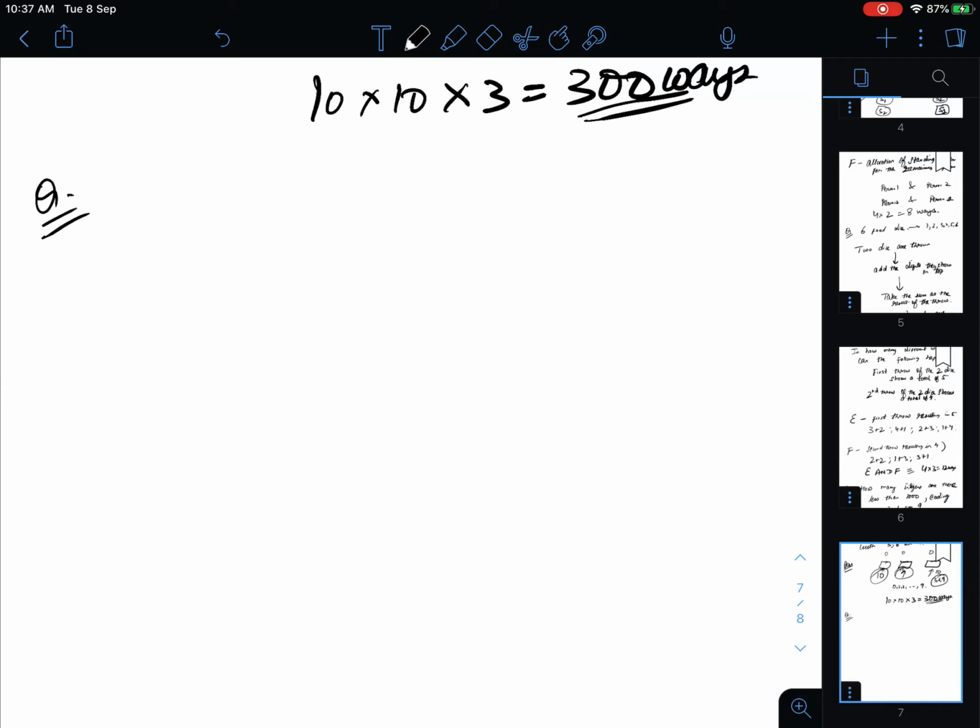Now, let's take another example. The example is, suppose we have a DNA chain.